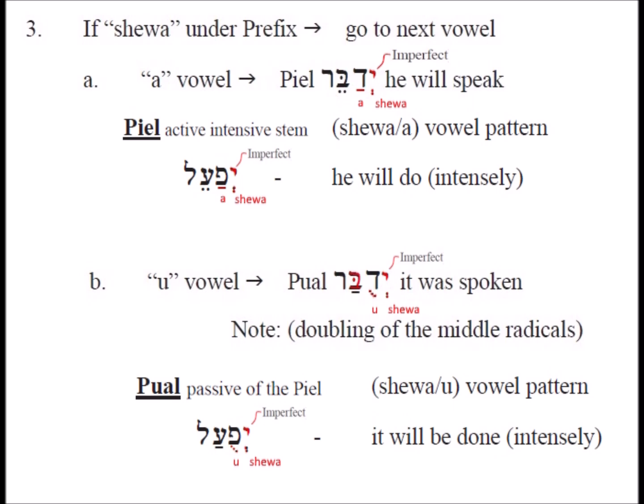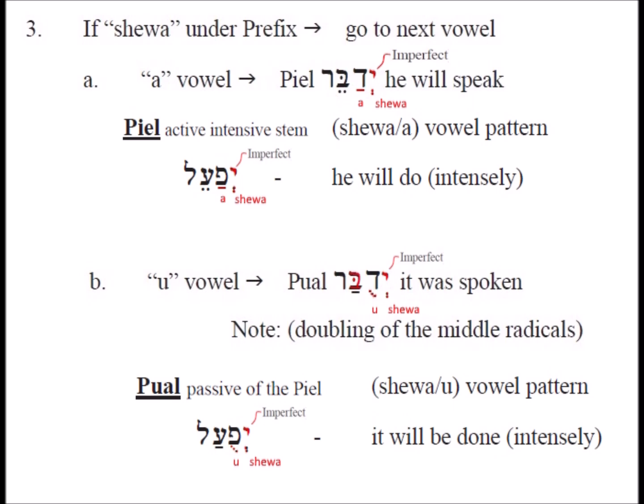Let me give an example: yedaber. You have the yod prefix. Davar is the word to speak. You have a shva followed by an A class vowel, and then you double the middle radical, which is the bet. So yedaber, you're doubling the bet in the Piel stem.